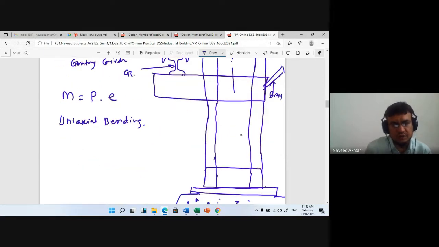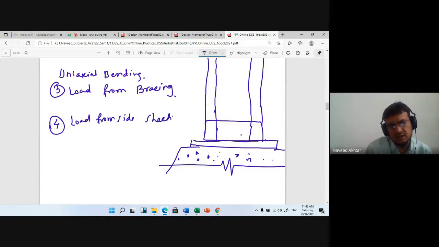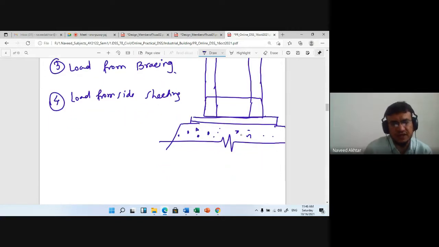So the third load on the column is the load from bracings. After that, the load of side sheeting. If you include it in the load on bracing, then there is no need of adding extra. And also the self weight of your column.